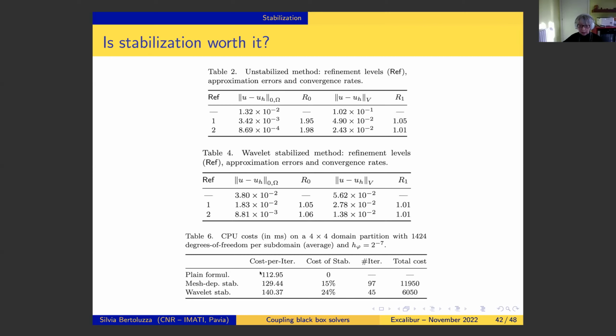However, in the plain formulation the cost per iteration is lower, of course, but the number of iterations is too much. So the method does not converge in the number of iterations that we fixed as a maximum. And it turns out that the more expensive stabilization actually gives you the better total cost.